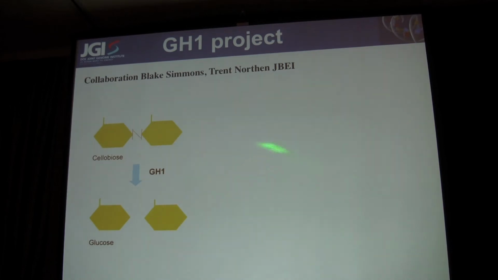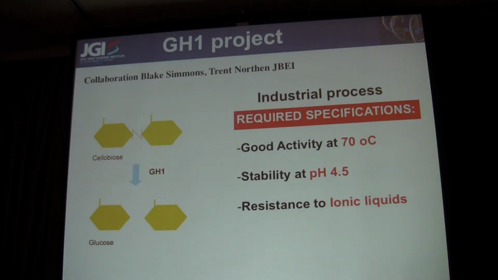At the time, they were interested in one particular family of cellulases, this Gh1 family, that break down cellobiose into glucose. They weren't looking for just any enzyme, but an enzyme that worked under very specific conditions: good activity at 70 degrees, stable at a pH of 4.5, and most importantly, resistant to ionic liquids. Ionic liquids are what they use as their pretreatment method.